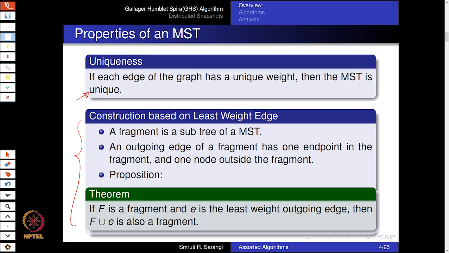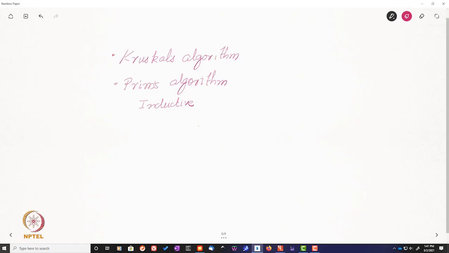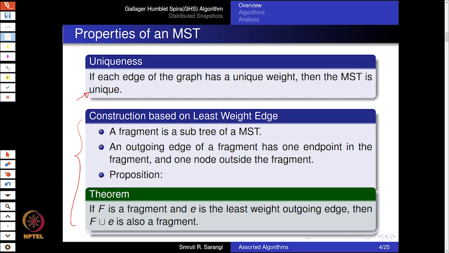Let's consider a fragment as a subtree of an MST. If we take a minimum spanning tree, let's say this is the tree, then let us take a subtree of the minimum spanning tree and call it a fragment. An outgoing edge of a fragment has one endpoint in the fragment and one node outside the fragment.